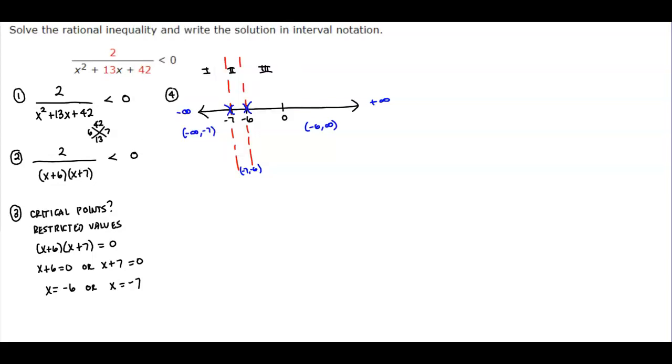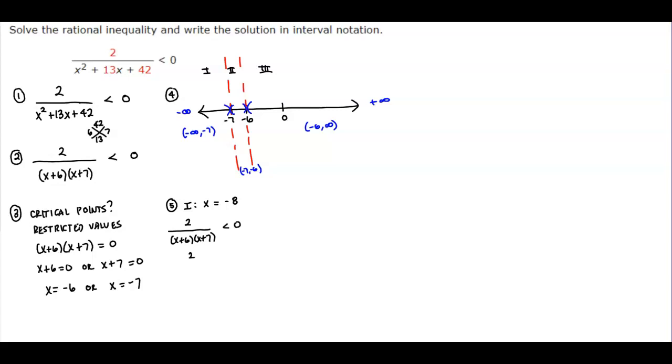And now we're going to test each region. So for region number 1, we're going to let x equal negative 8. And then we're going to plug it into the second step, which is 2 over x plus 6 times x plus 7. We want to see if it's going to be less than 0.